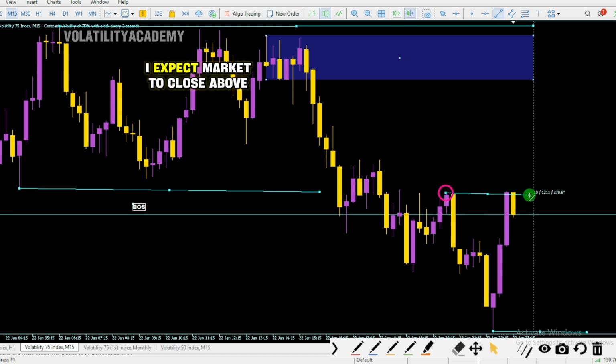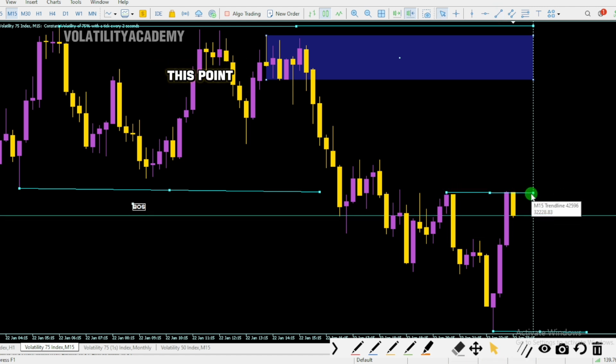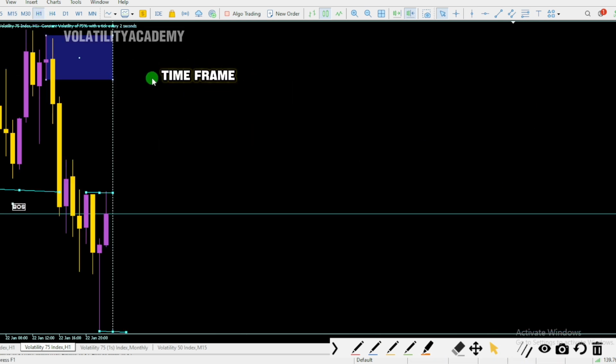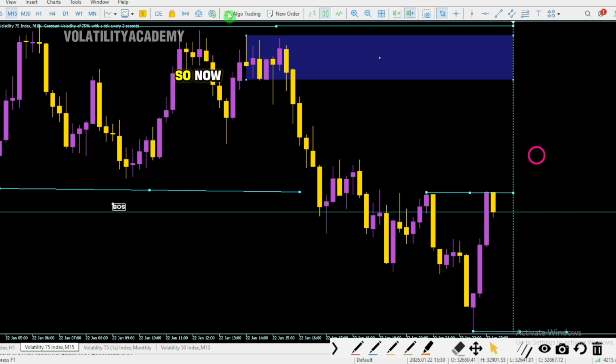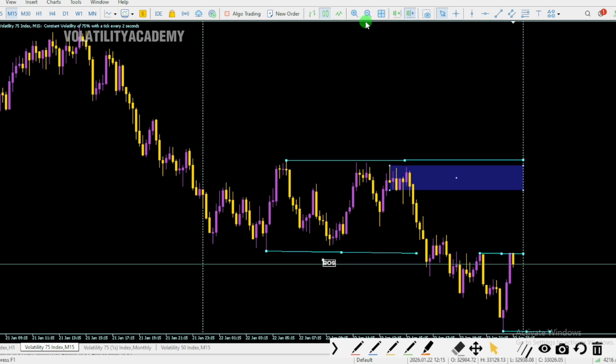I expect market to close above this point just so that my retracement can be confirmed. If you look on the H1 time frame, you will see that that's a valid place that market needs to break. Okay, so now what I will simply do is to keep my eyes on the M15 time frame to see what the market does.